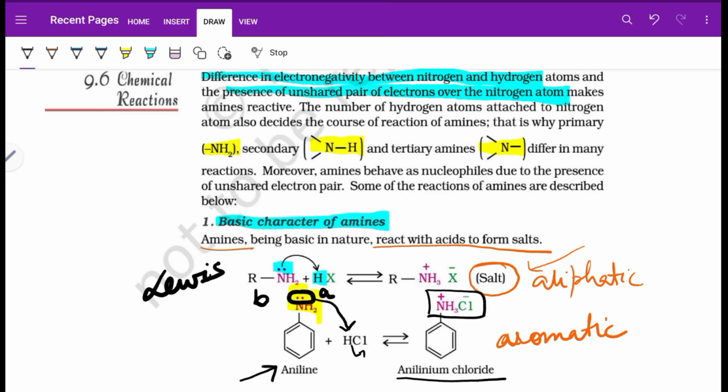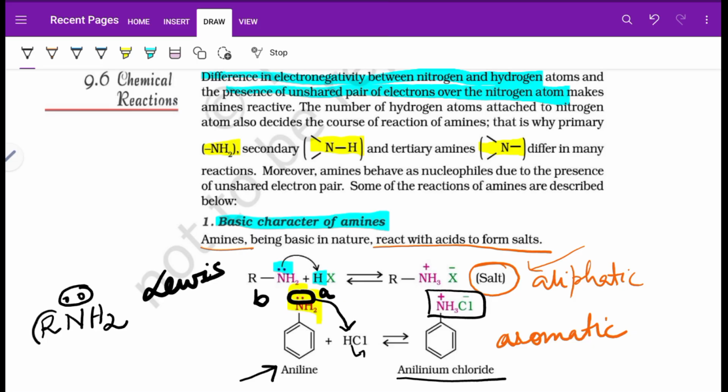Now let us see the difference between the basic nature of aniline and the basic nature of this aliphatic amine. Now I said the basic nature of amine is on account of the presence of the lone pair over the nitrogen atom.